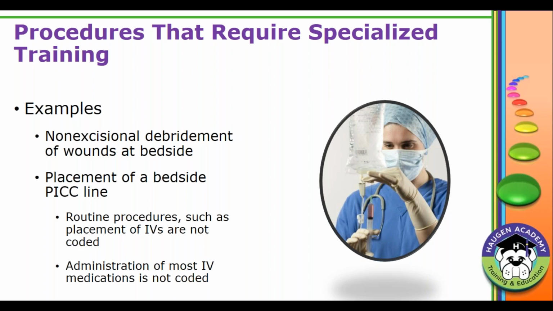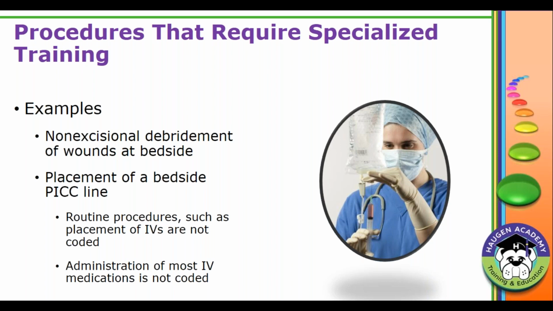Pretty much everybody who goes into the hospital gets an IV in case they need to receive medications or fluids or need to be given blood or whatever they need. But we do code PICC lines and central venous catheterizations, mainly because of the procedural risk associated with that, because the tip of those catheters is located more closely to the heart than your typical IVs.